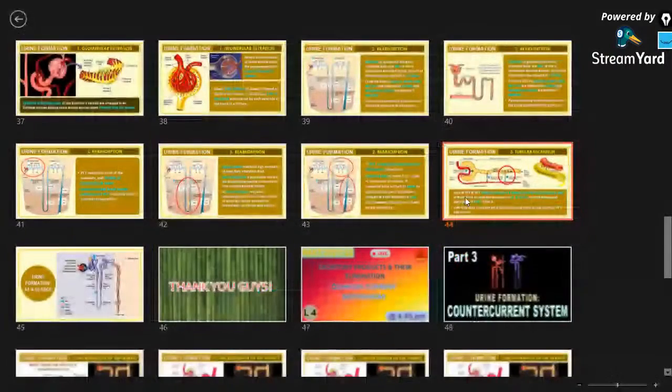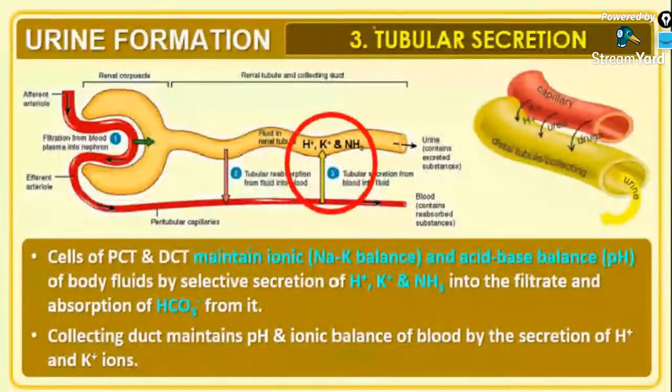Yes, we have 2 more slides to complete now. Next is the tubular secretion, which is the third step. So guys, can any one of you recall what are the 3 steps of urine formation? First one is glomerular filtration. Second one is tubular reabsorption.